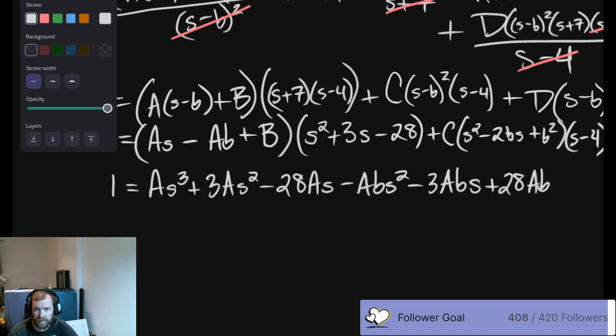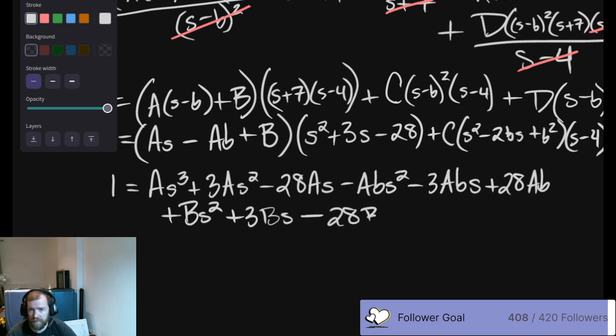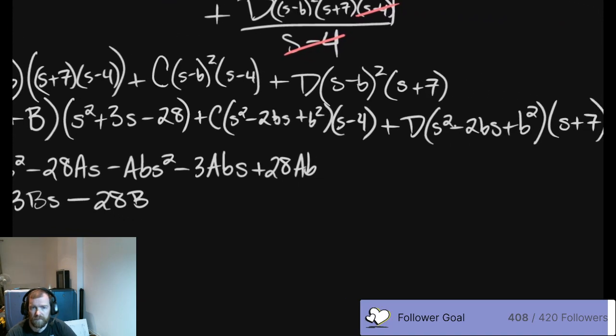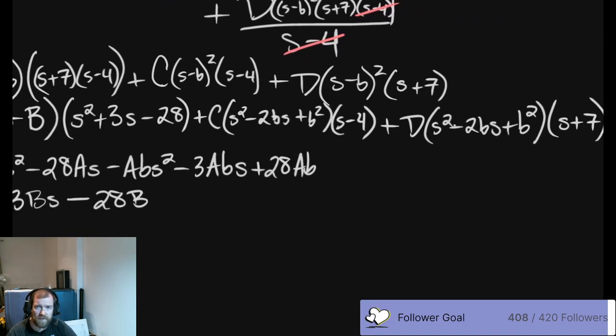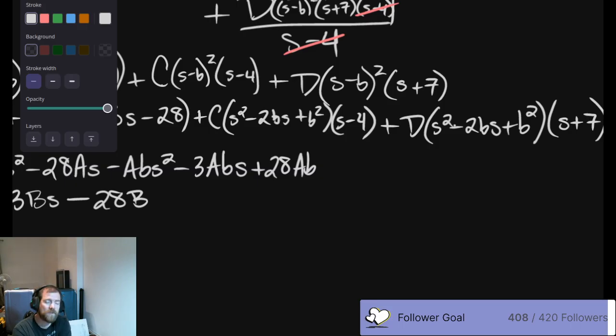All right, then our last one there, B, is going to be plus b s squared plus 3bs minus 28b. This does sometimes tend to be a long process if you're doing everything by hand, so it's sometimes a bit tricky there.